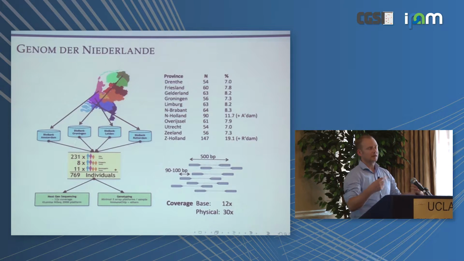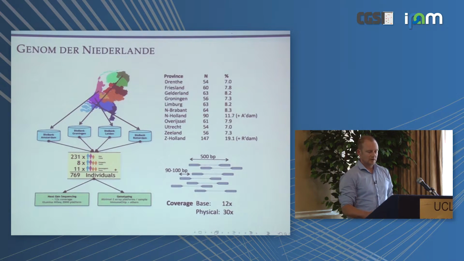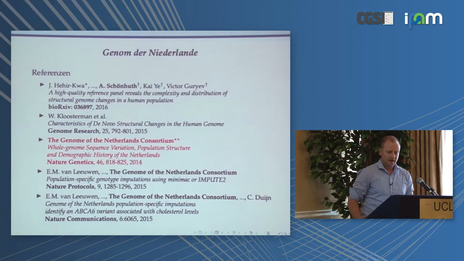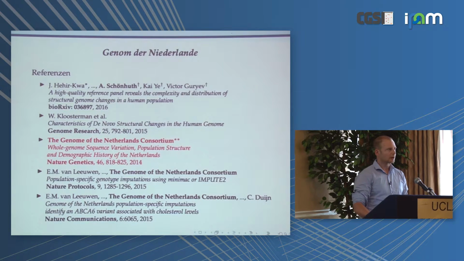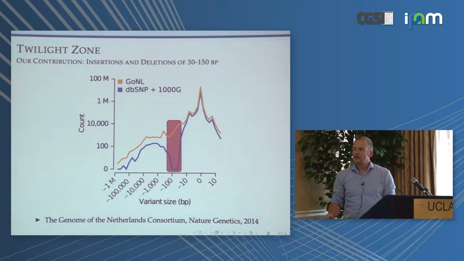We applied Snakemake, we mapped them, we discovered the variants in them using Clever or Mate-Clever or whatever, and then we did all the jobs we had to do. And this yielded this paper here, which is the main paper, appeared in Nature Genetics in 2014, and our contribution was this here.